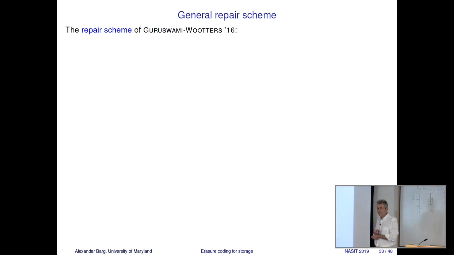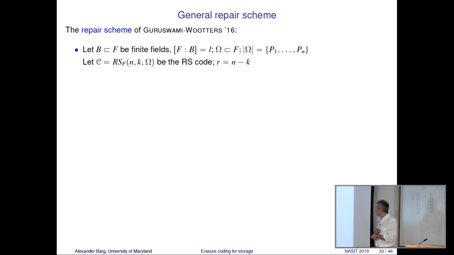All right, so what is the repair scheme of Reed-Solomon codes of Guruswami and Wootters? Let us take a look. It's a very nice, original, and clever development, so let's maybe devote some attention to that. So we have two finite fields, B, which was F2, and F, which was F16.